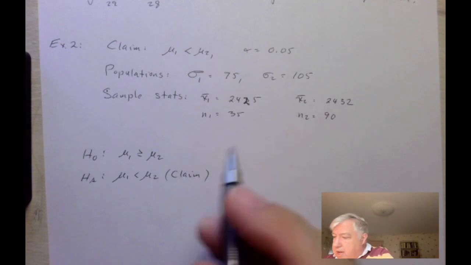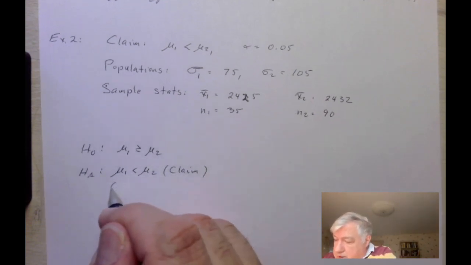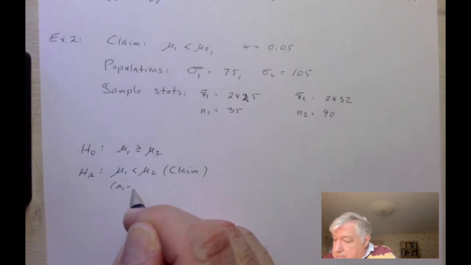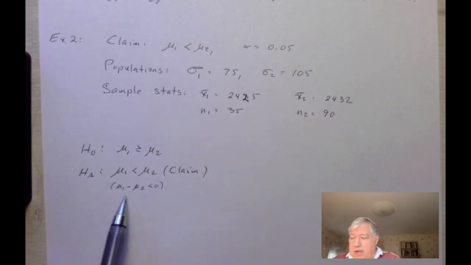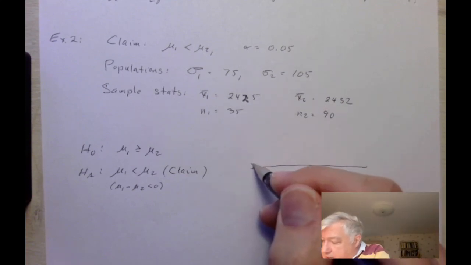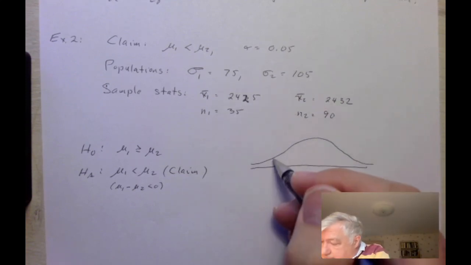This says mu1 minus mu2 is less than 0, so unlikely differences would be negative. So we're using a left-tail test here.